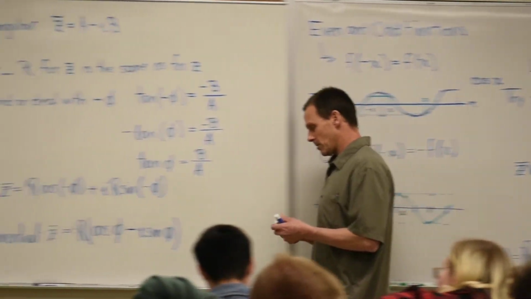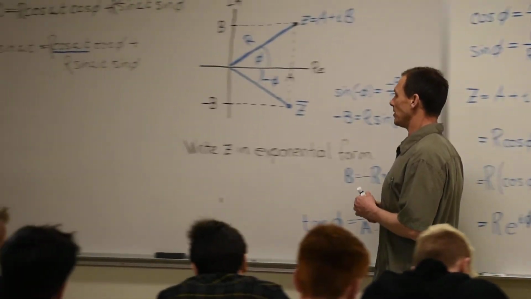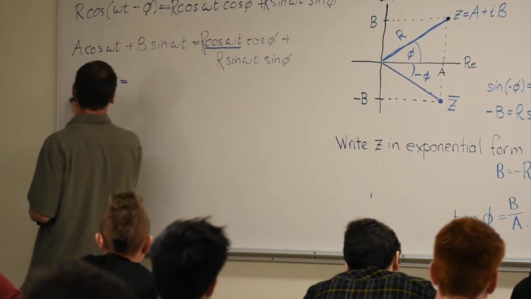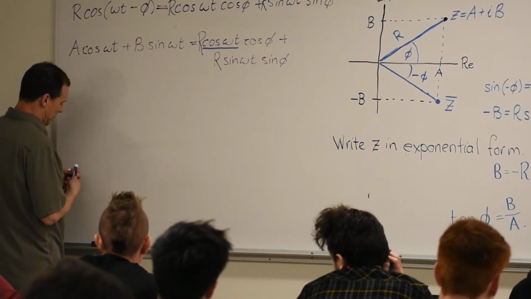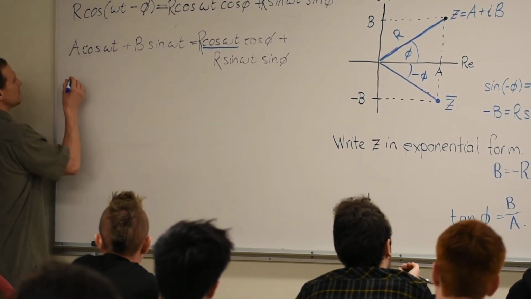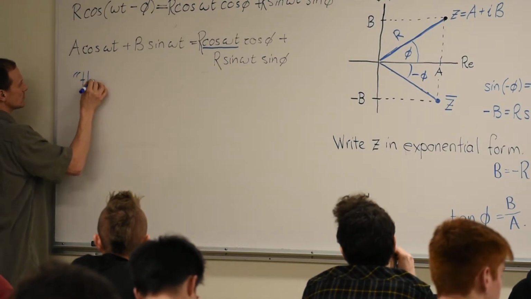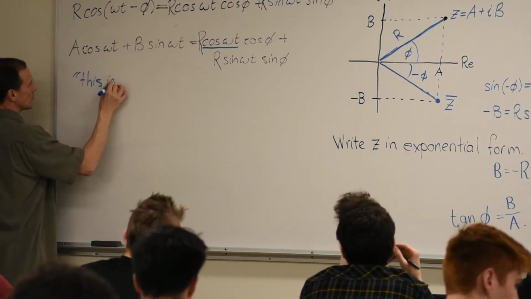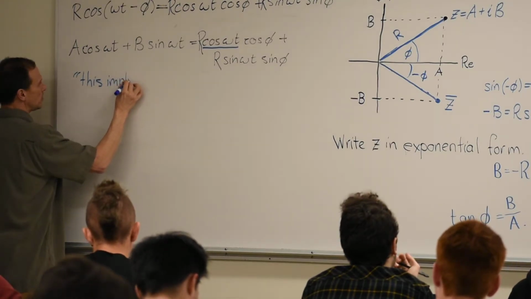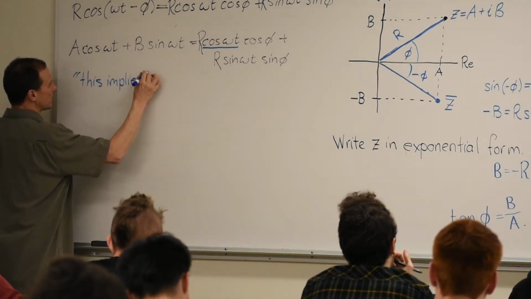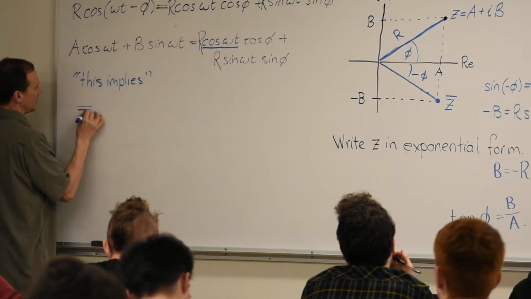Good question. So let's come back over here. This implies, I'm going to just write this. This implies, arrow. So what do I have?